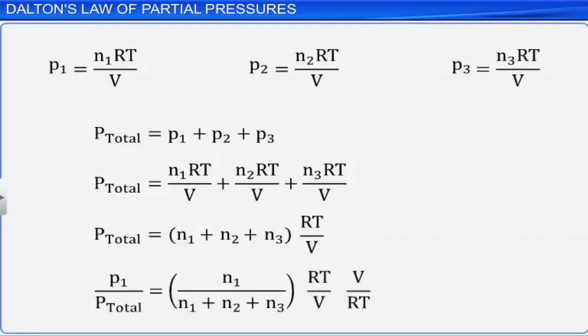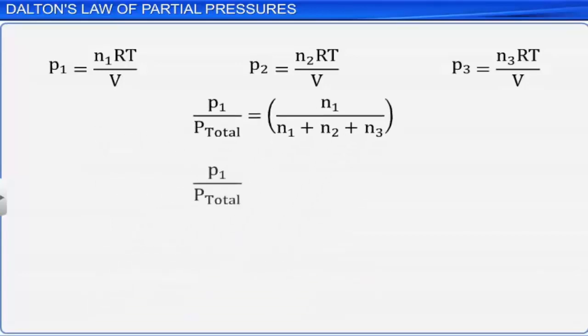Therefore, P1 by P total is equal to N1 divided by N, where N is equal to N1 plus N2 plus N3, or total number of moles. We know that N1 by N is equal to X1, where X1 is mole fraction of gas 1.